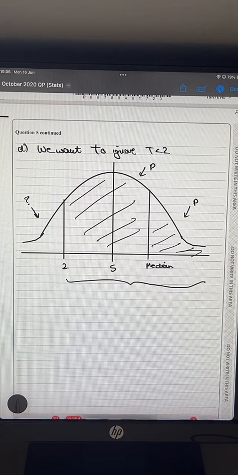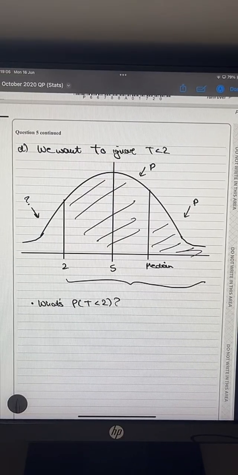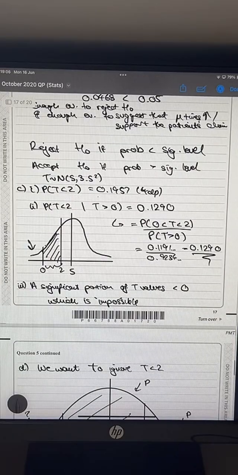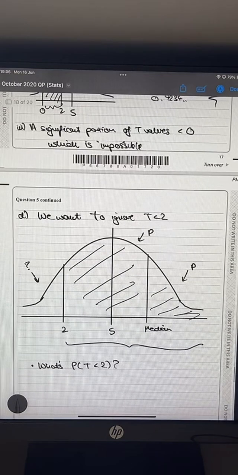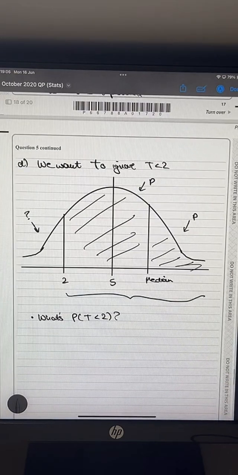So I need to find the probability that T is less than 2. Well, I know that from the question up here. Just done my GCSE, good luck to doing A-level. So this would be 0.1957 from the working. Always use the working, because sometimes previous parts of the question help with later parts. I'm going to use the full answer there.